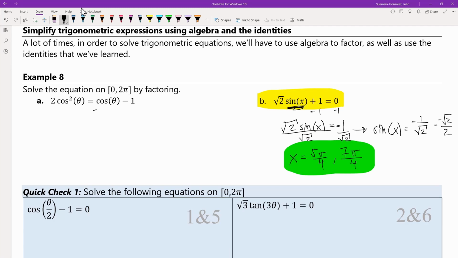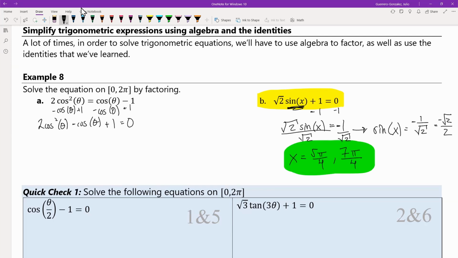We have 2 cosine squared of x minus cosine of theta plus 1 is equal to 0. Whoops, that's supposed to be a theta.